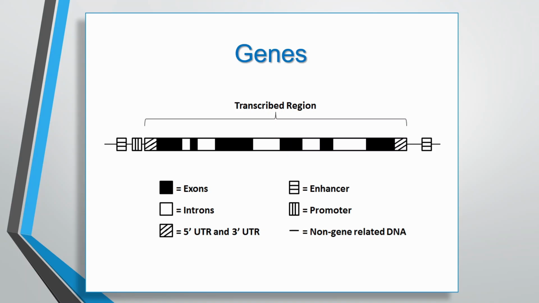Promoters are a DNA sequence that functions as a signal to RNA polymerase II that the beginning of a gene sequence is very close. RNA polymerase II binds to the promoter region DNA to initiate the process of transcription.